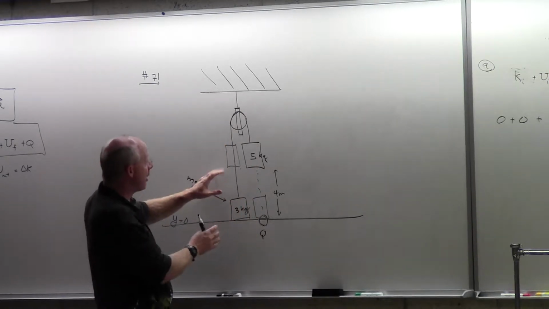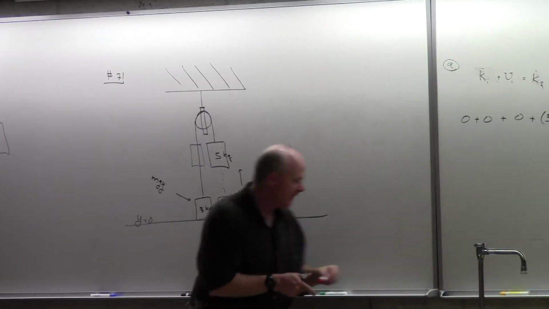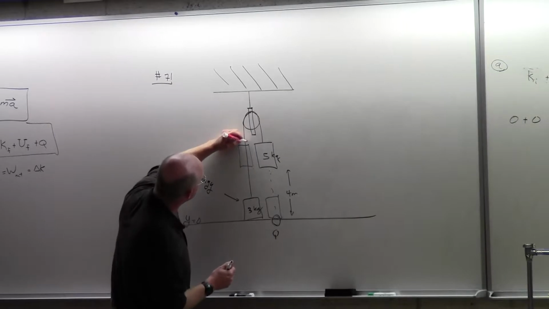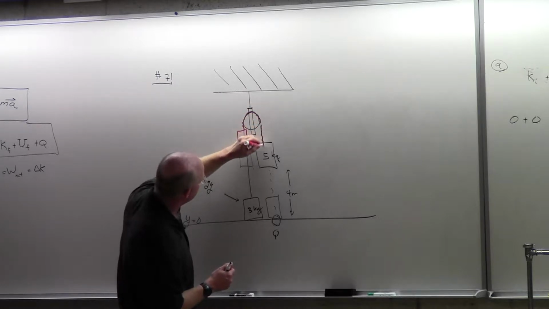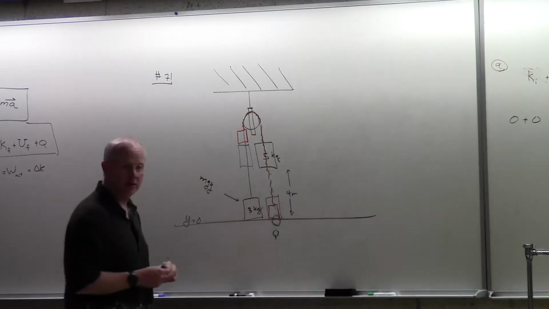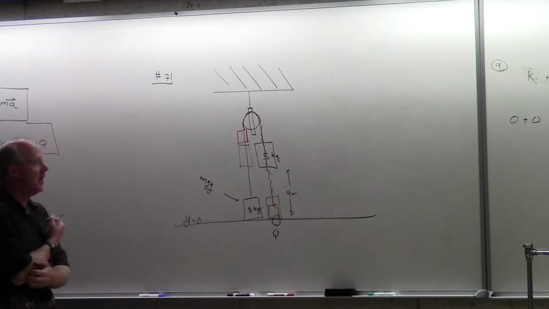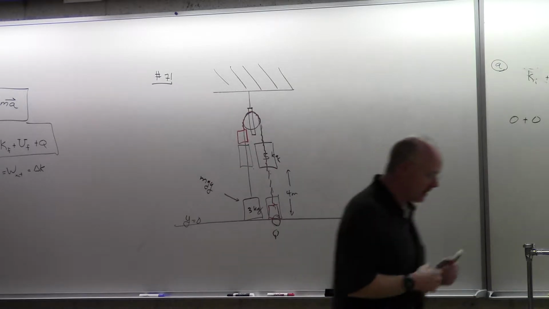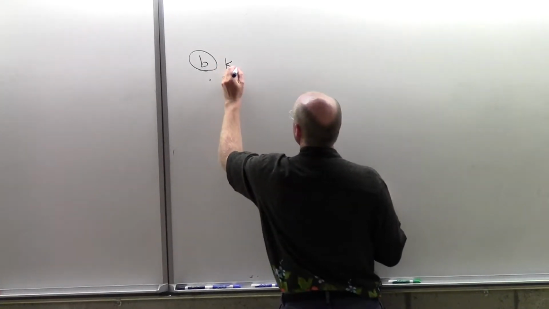We don't have to go that far, but we do need to say this next step, and I'll put it in red, that what's going to happen is that 3 kilogram is going to come up to, say, here, and the string is then going to have a lot of loose edges and really not be part of the problem anymore.